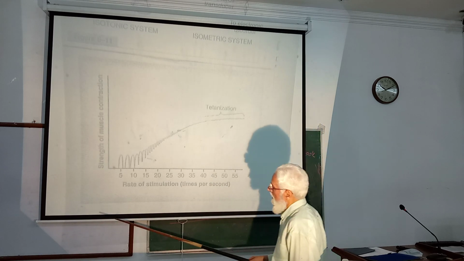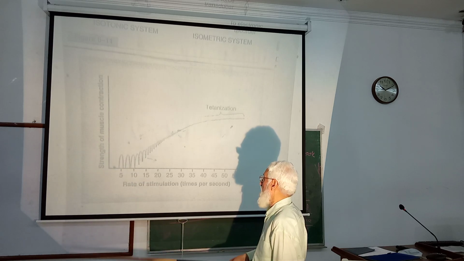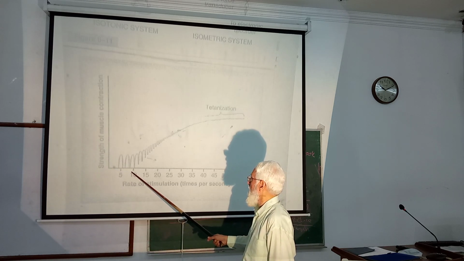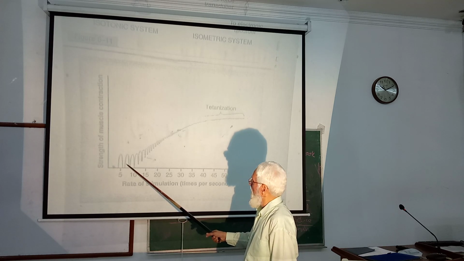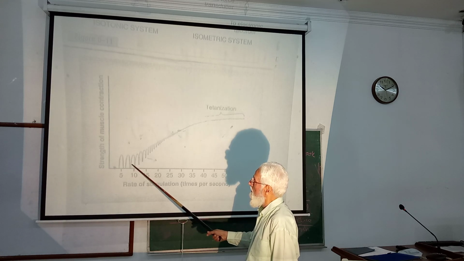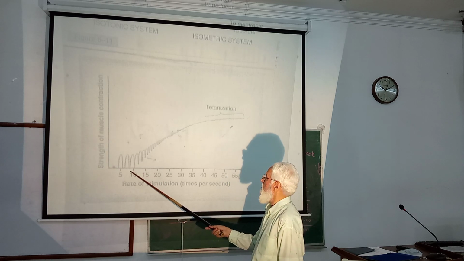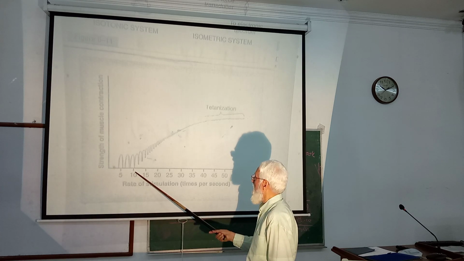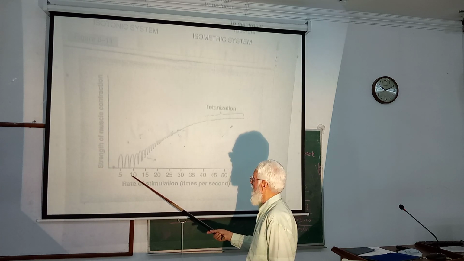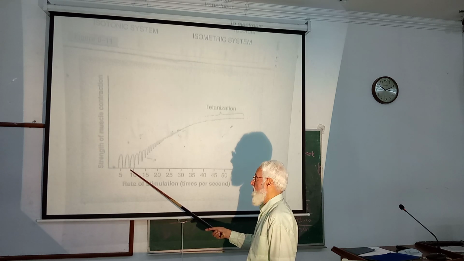Now, you start by applying a frequency of stimulation of, say, 5 to 10 stimuli per second. With this frequency, you can see separately the individual muscle twitches.